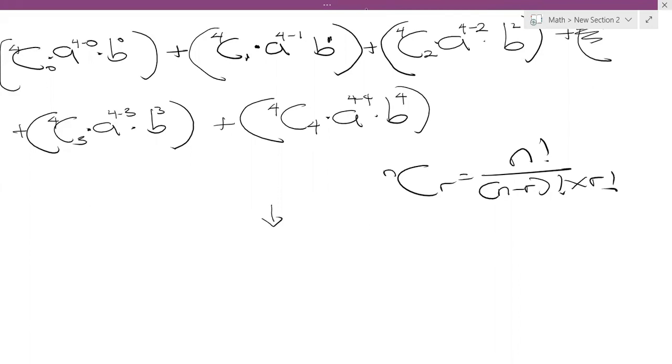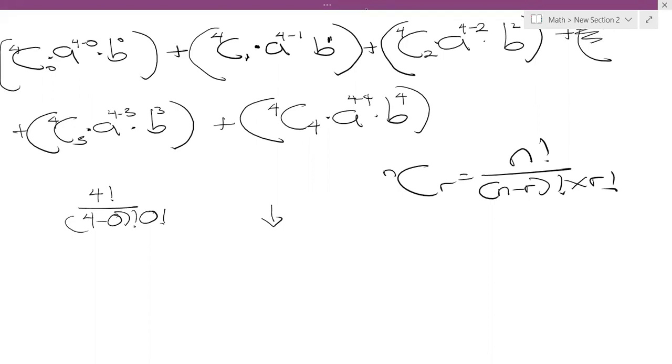So 4 C 0, I'm just going to do the workings here. That'll be 4 factorial divided by 4 minus 0 factorial times 0 factorial. Now 0 factorial is 1 and 4 minus 0 is 4, so we just get 1 here because 4 factorial divided by 4 factorial is 1.